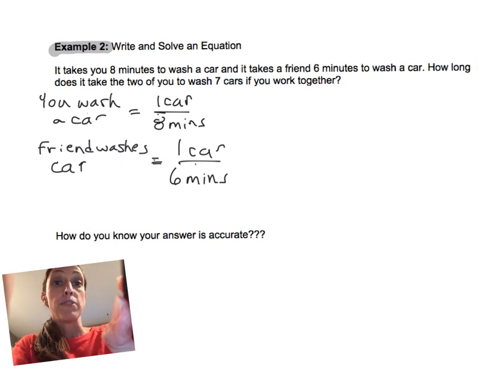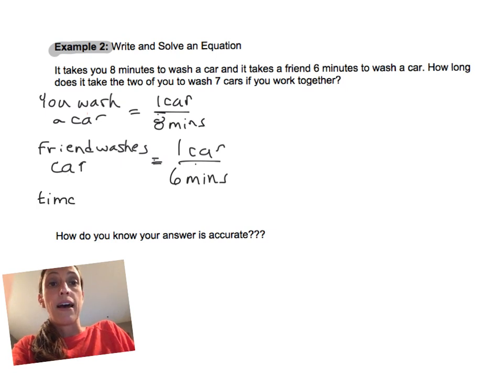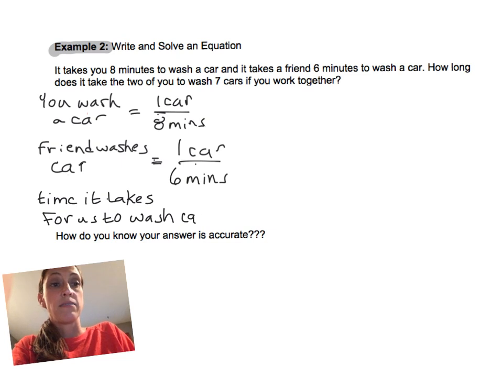Well, what we don't know, if I'm making my list of the things that I know and the things that I don't know, is the time it takes for us, we'll say me and my friend, to wash cars, right? And I guess specifically it's 7 cars, huh?